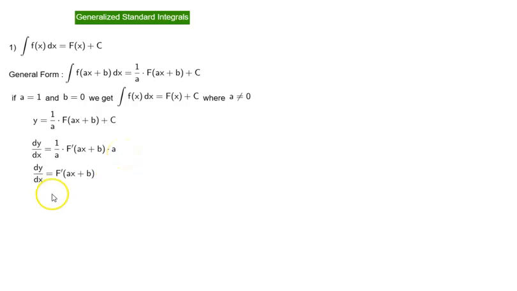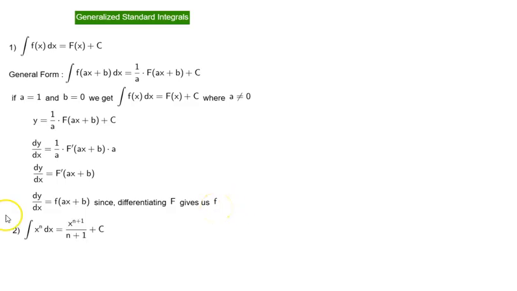A cancels out, and we have dy by dx equal to capital F prime of ax plus b. But we know that capital F prime of ax plus b is nothing but f of ax plus b, since differentiating capital F gives us f.